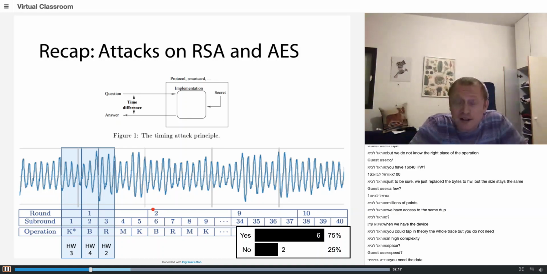The vulnerability is that the attack model is different. So I need to tell a story, a convincing story that says, not only can I measure in high resolution, but I can measure thousands and thousands of times.